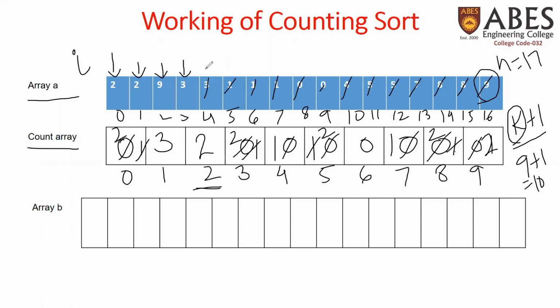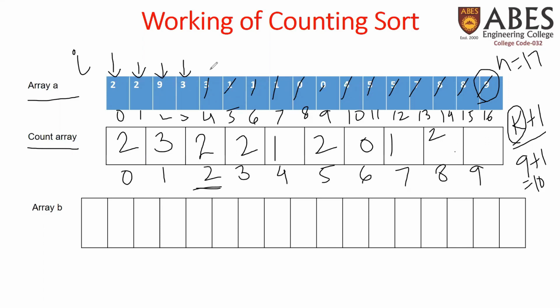Now just erase the values and get the updated count array. That is 2, 3, 2, 2, 1, 2, 0, 1, 2, 2.